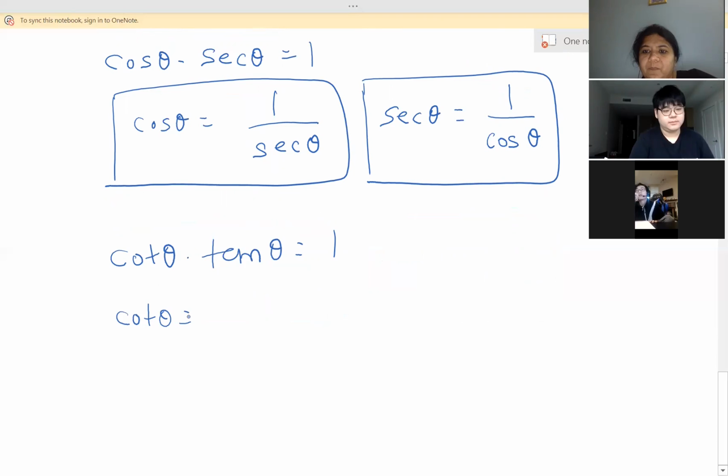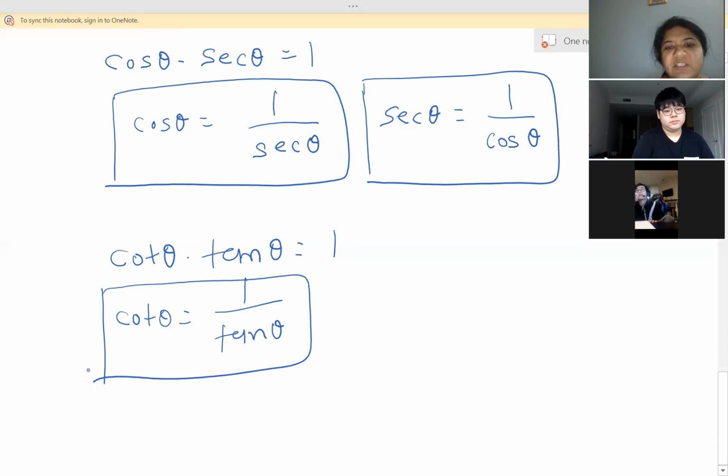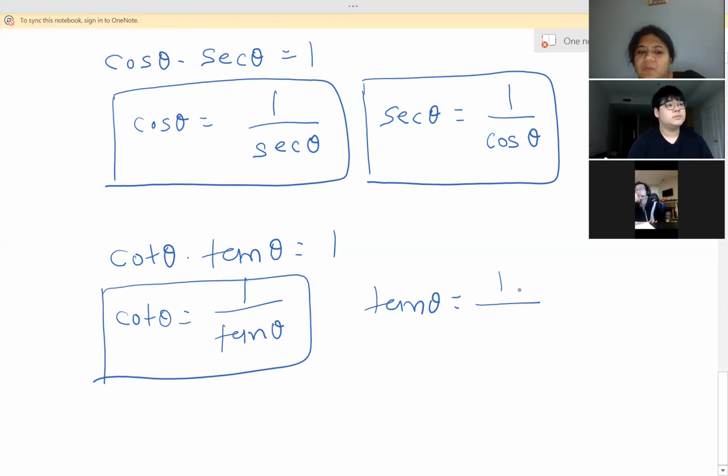It can be 1 over tan theta. Yes, so 1 over tan theta. And what about tan theta? It's the other way, 1 over cot theta. That's right.